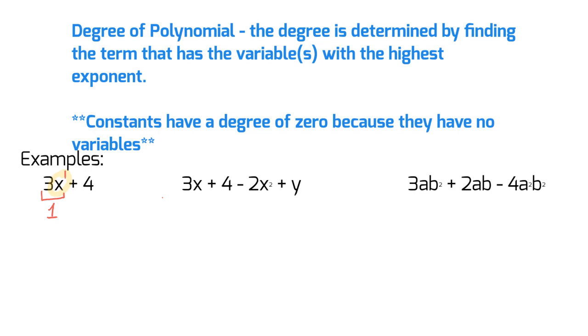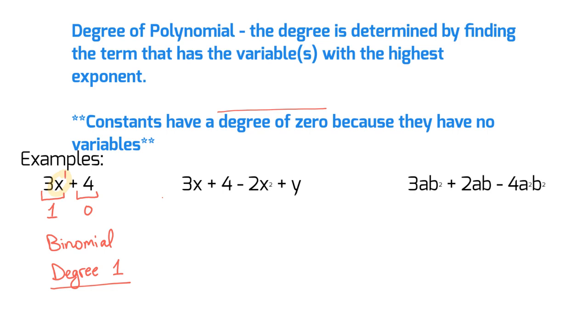In the next term, we have a constant. Constants have a degree of 0. So the degree of the overall polynomial is the one with the highest number of exponents. So in this case, we have a binomial of degree 1.